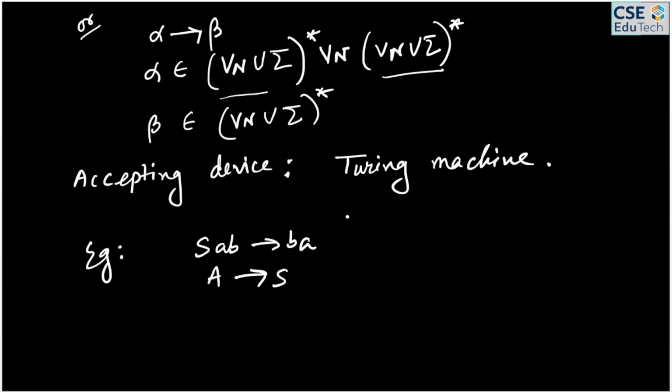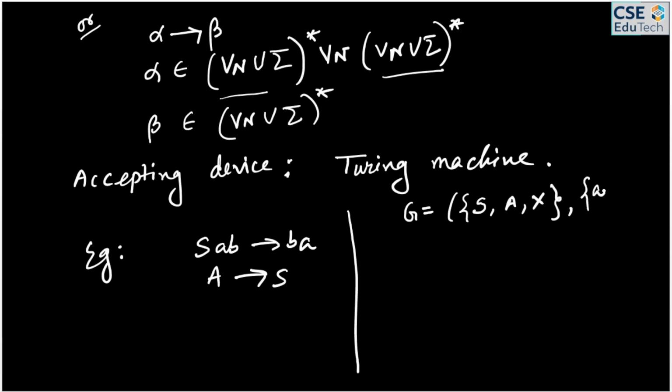Another example, we can also write an unrestricted grammar. Suppose G is a grammar where the non-terminals are S, A, X, the terminals are a, b, P is the production set, and S is the start symbol. Now P can be defined, and it is unrestricted, so any kind of production form belongs to type 0.